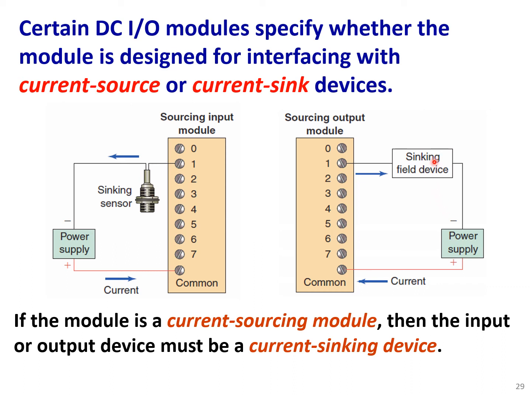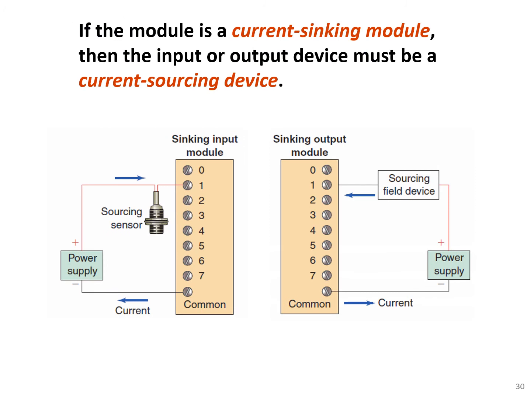And the field device here, whatever it is, let's say it's a motor, is also sinking, because our modules are sourcing. So the field devices or sensors should be sinking. And that also is valid the other way around: when the module is sinking, devices should be sourcing.